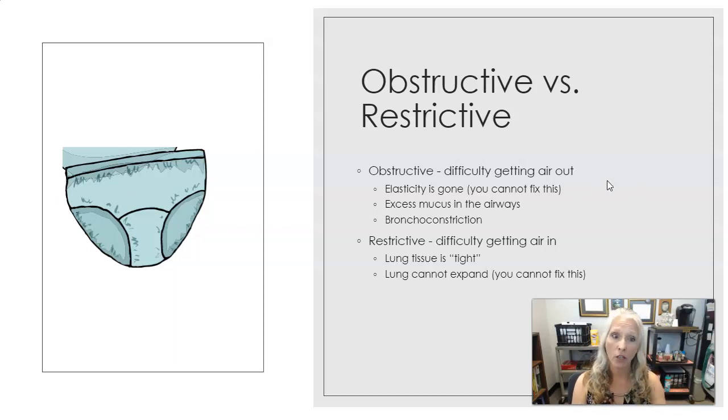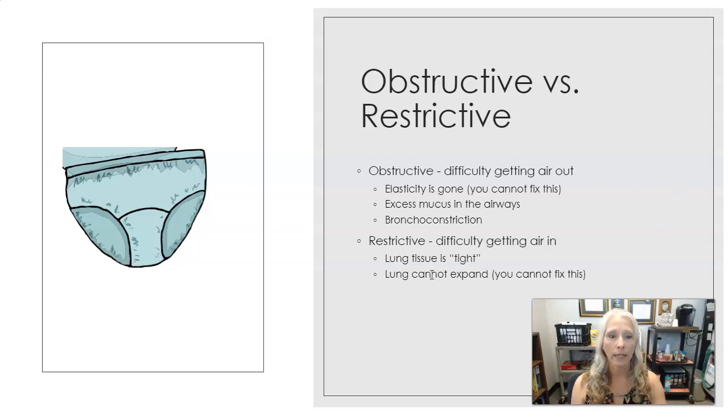So when the lung tissue gets all stretched out, you're not going to be able to get the air out of the lungs, or it could be obstructed by mucus plugs, or it could be obstructed by constriction. These are the 3 main reasons why you can't get air out of the lungs with an obstructive disease.